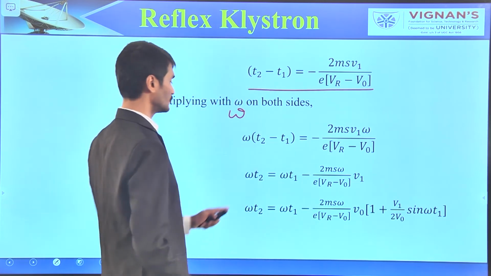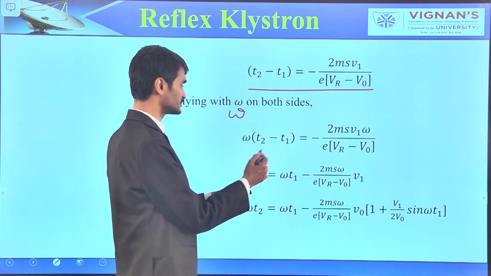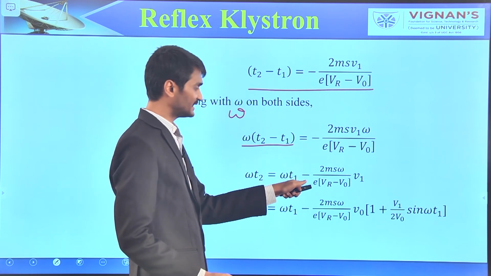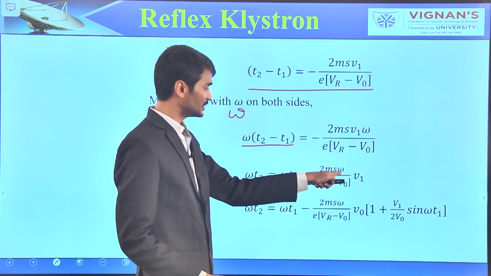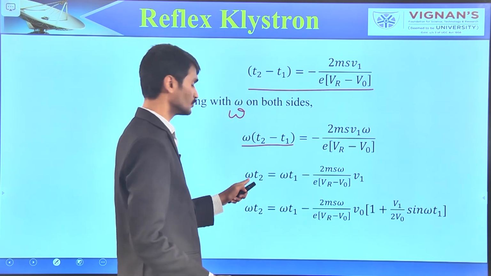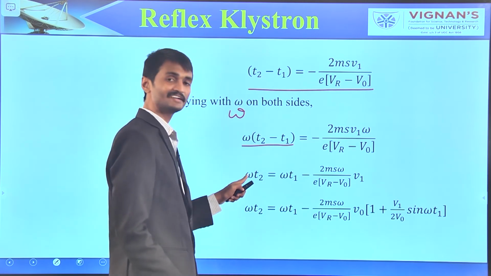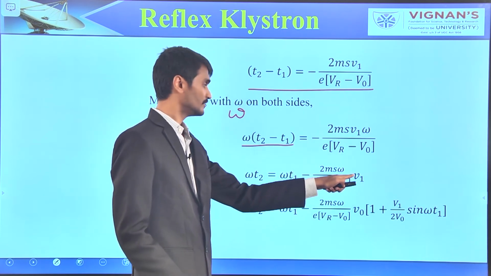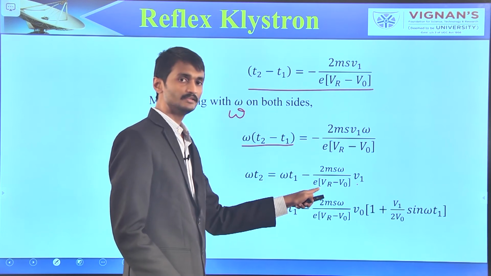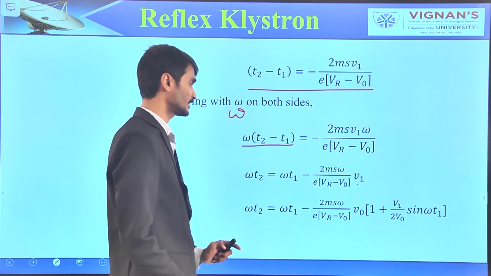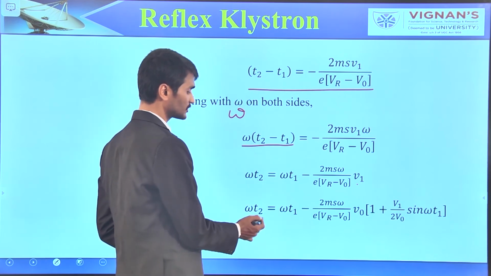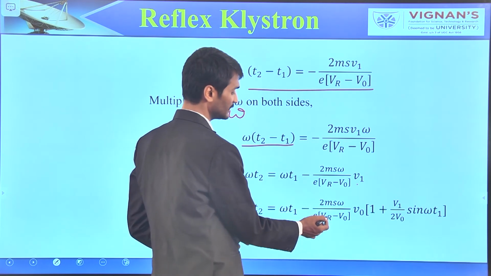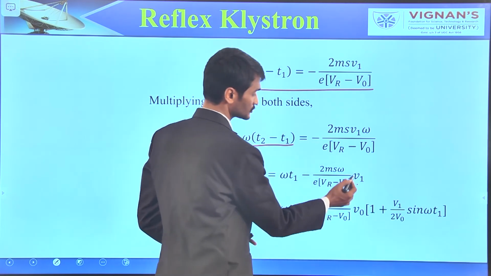So from this, omega T2 is equal to omega T1 minus 2 ms omega V1 by E into (Vr minus V0).